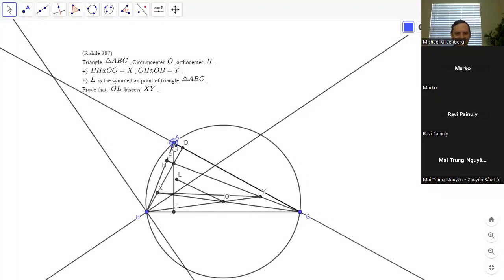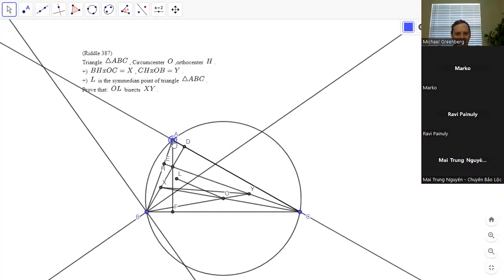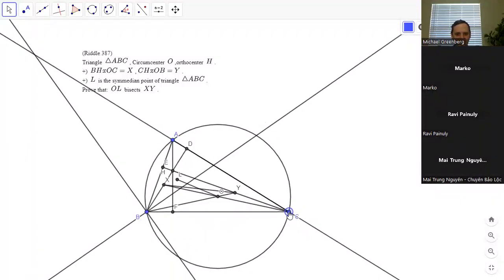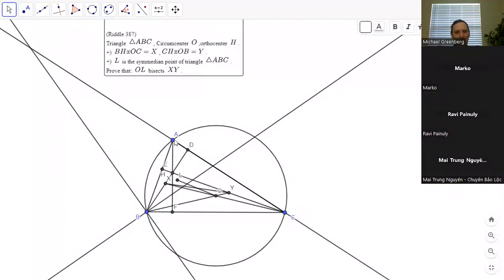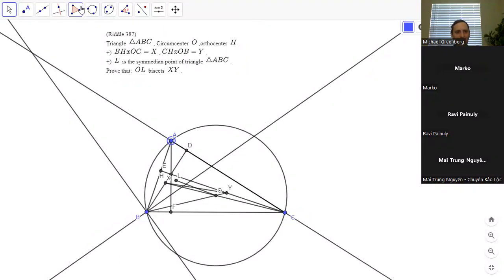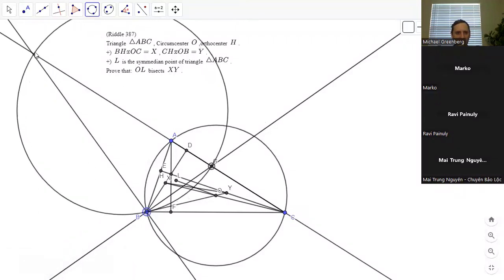Yeah, the diagram does not want this. All right, let's try that. So this, and this.